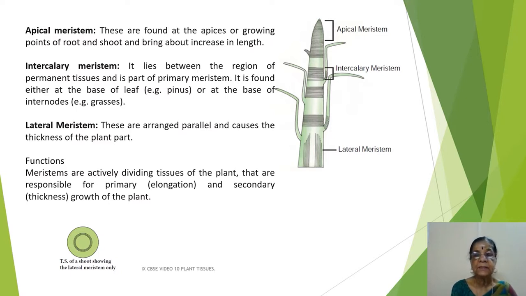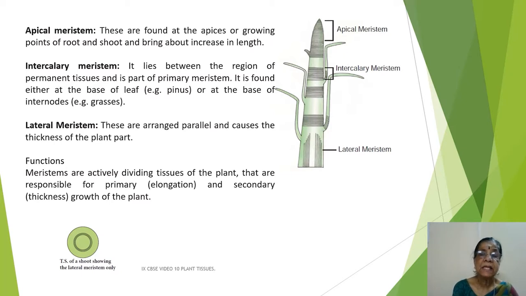An intercalary meristem lies between the regions of permanent tissues and is part of the primary meristem. It is found either at the base of the leaf, for example Pinus, a gymnosperm, I will show the leaf picture in the next part, or at the base of the internode. That is intercalary meristem.